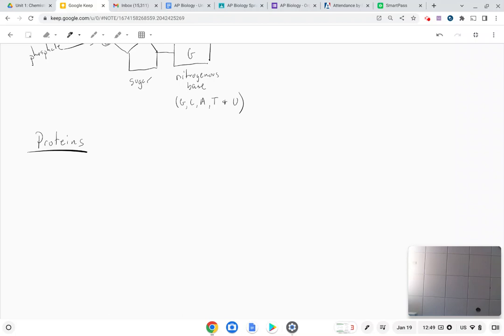Okay, couple fun facts about proteins. They are made of amino acids. So the amino acid is the monomer, right? And then the protein is the polymer. There are 20 types of amino acids.